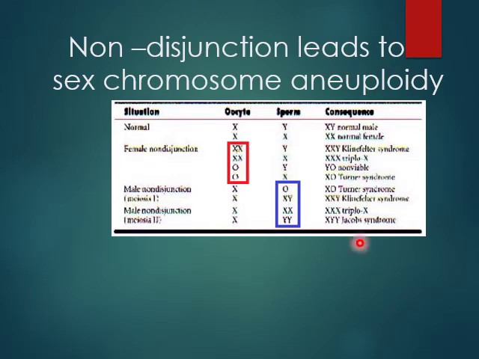During oogenesis it can lead to an egg with either 2 X chromosomes or none. Also, non-disjunction during spermatogenesis can result in sperm that has no sex chromosome, or both X and Y chromosomes, or 2 X chromosomes, or both Y chromosomes.